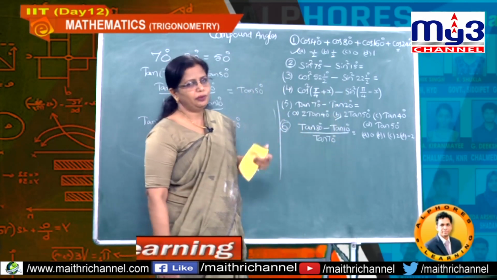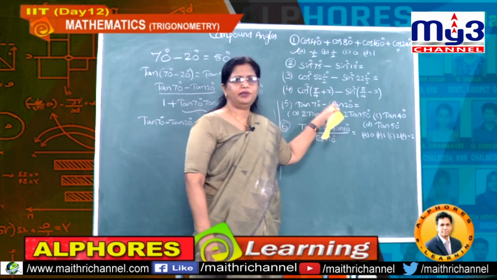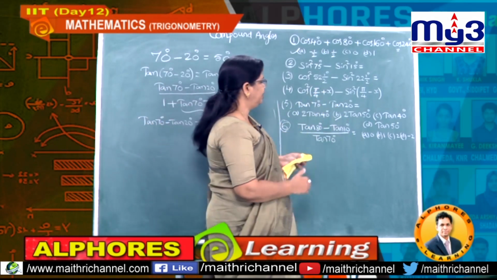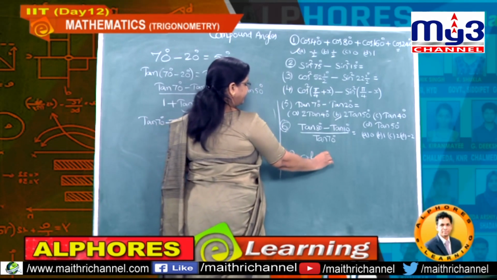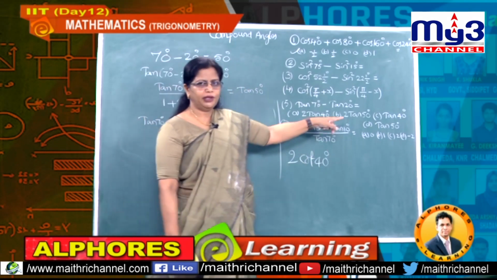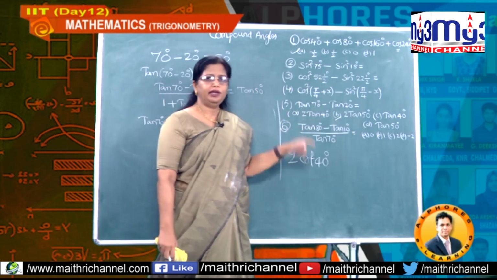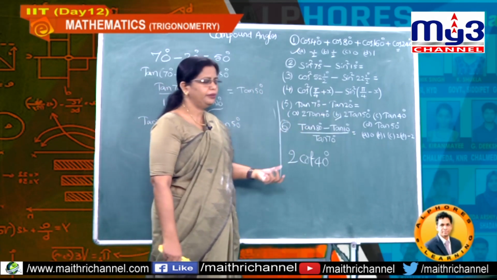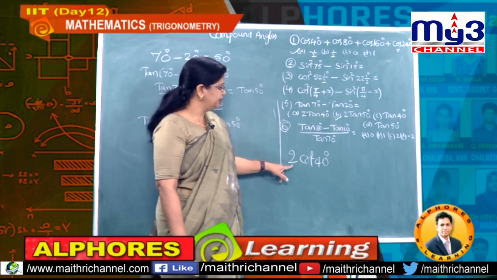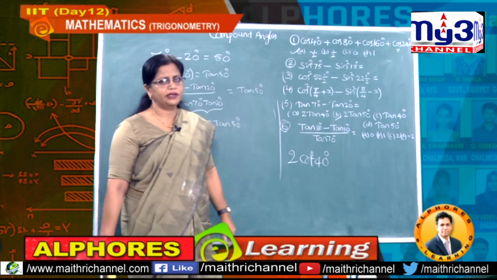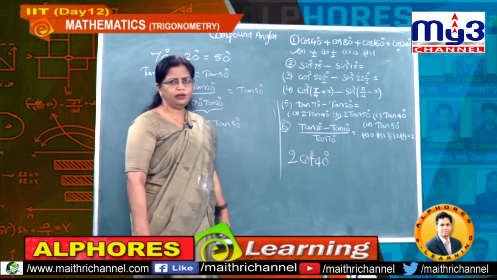Or they may give options where, instead of 2 tan 50 degrees, they may give this answer as 2 times cot 40 degrees also. What is the reason again? Complementary angles. It is not necessary that they give it in terms of tan 50; they can give even in terms of cot also, that is 2 times cot 40 degrees. Understand? So, one of the important methods.